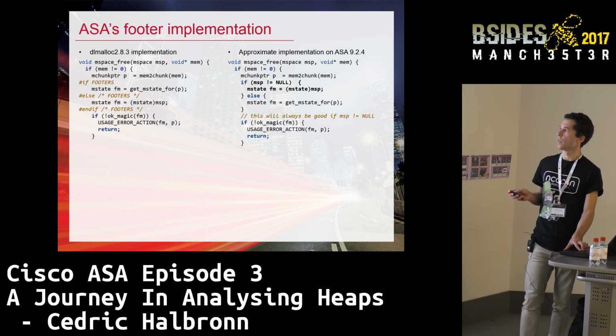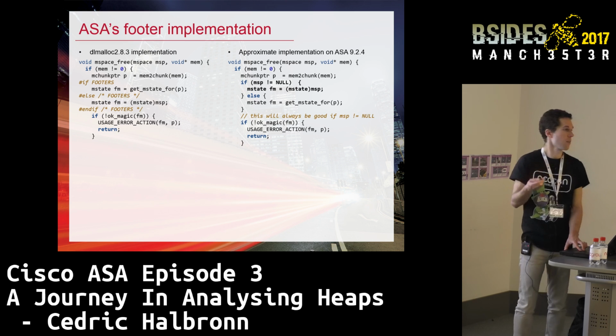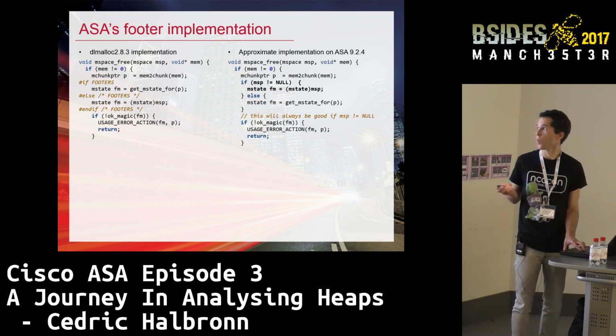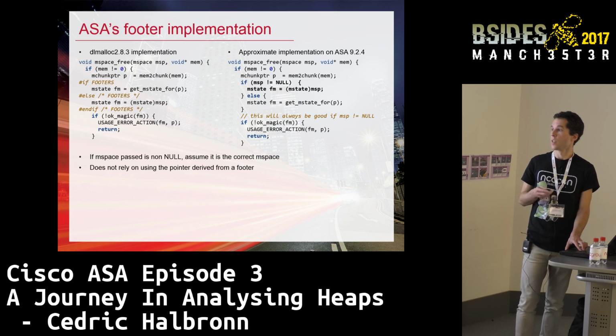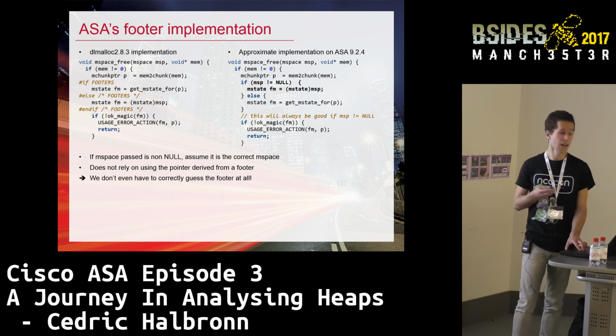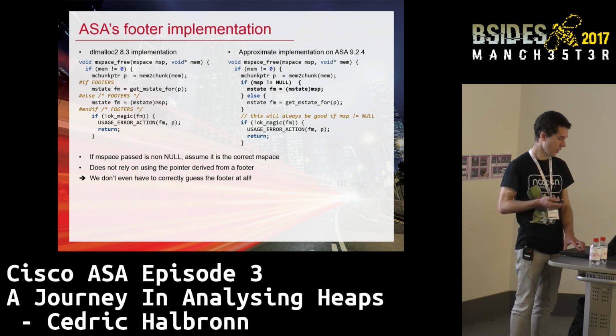Meaning, when they check the magic, since they trust the mstate, the mspace, it's going to accept the magic from the mspace, and it's going to be valid all the time, right? And the thing is, all the functions actually internally use mspace with a mspace non-null. So it assumes it's the correct mspace, doesn't rely on using the pointers derived from the footer, and we don't even have to guess the footer at all.